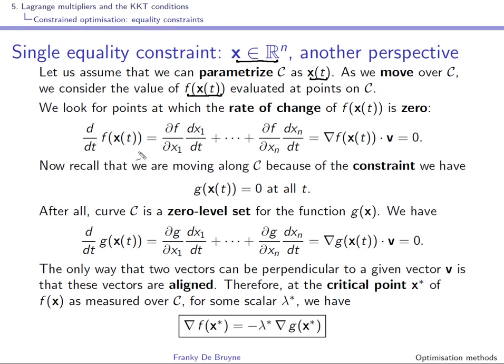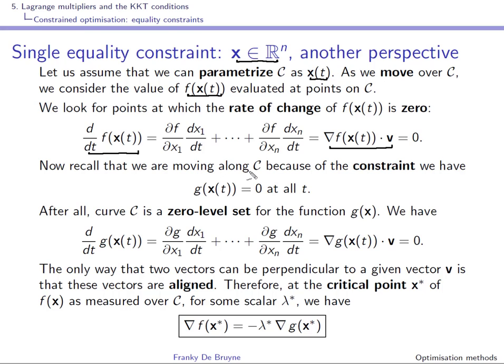So we have to compute the time derivative, which we have already computed in another example for another purpose. This time derivative is simply the gradient of f times the instantaneous velocity vector, and this rate of change is 0, so this is what we impose.